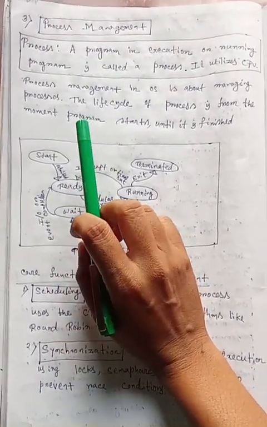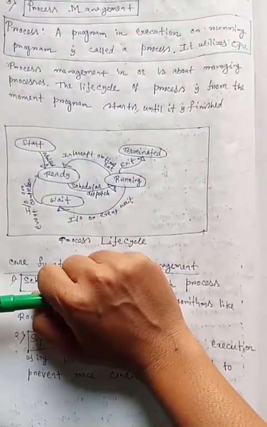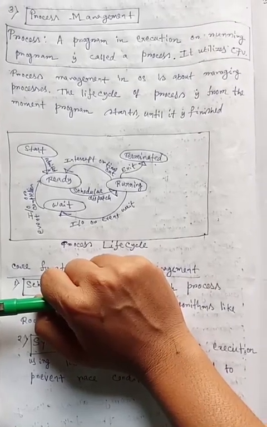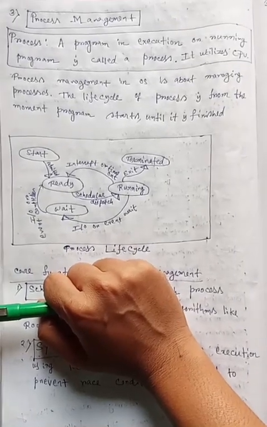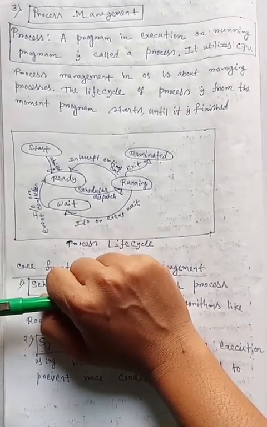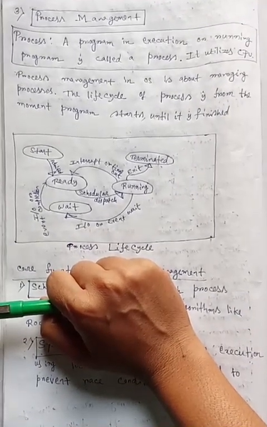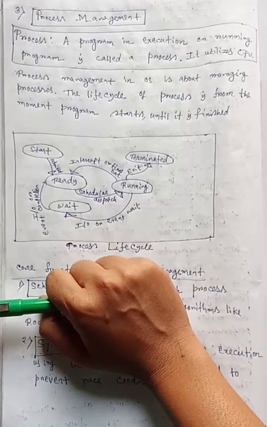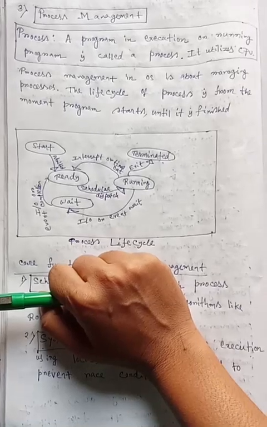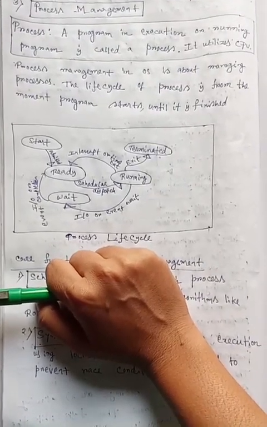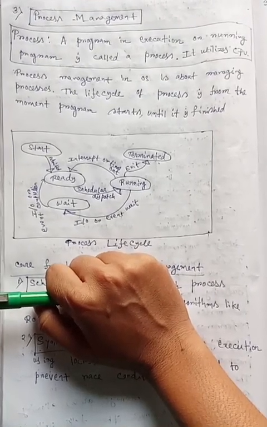So process management in an operating system is about managing processes. The life cycle of a process is from the moment the program starts until it is finished. Whenever there is any process running, it requires the central processing unit and other computer resources such as input output resources, etc. So more than one process is running in a computer system, and when one process is utilizing the CPU, the other processes are waiting.